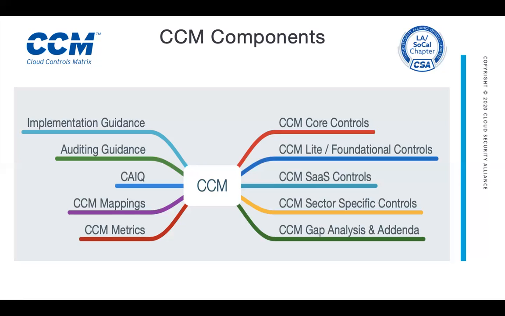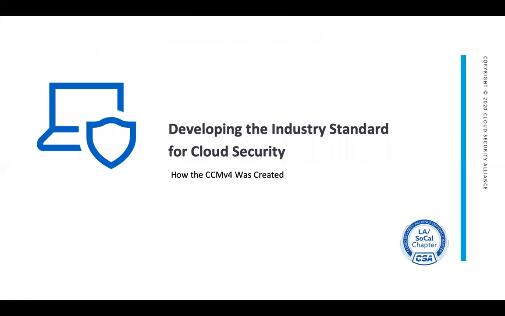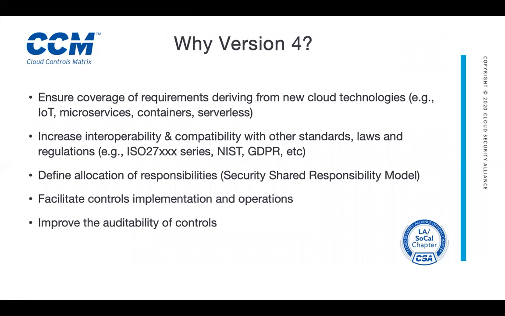Okay, so after having an overview of these activities, most of them are run by the CCM working group. Let's see how the V4 came to be. So the upgrade of CCM V3 to the next version 4 has been imperative when considering the evolution of the cloud security landscape, technologies and standards, and the need for a more efficient auditability of the CCM controls.